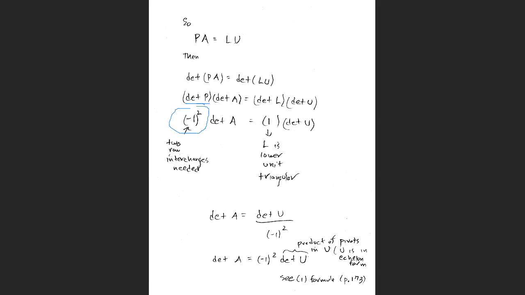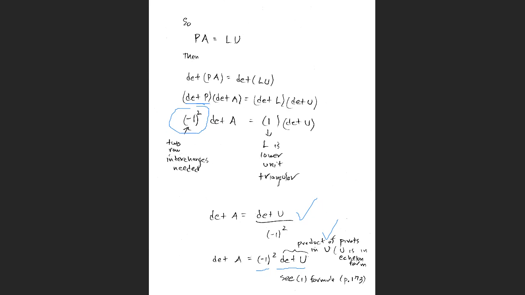So now we want to solve for the determinant of A. The determinant of A equals the determinant of U divided by -1 squared. But you can write that as the determinant of A equals -1 squared times the determinant of U. And so now you have a very easy way to compute the determinant of a matrix A very quickly.